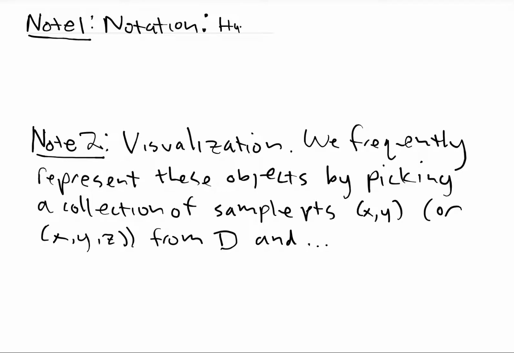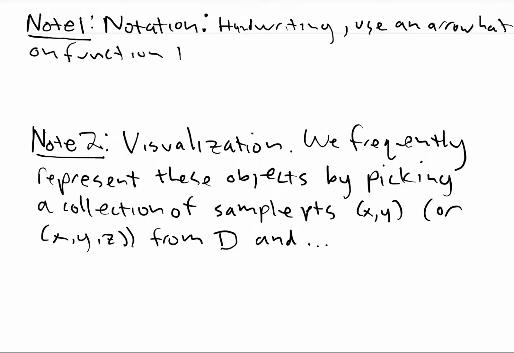Handwriting: what you want to do is use an arrow hat, kind of like we do for vectors, on your function to denote it's a vector field.